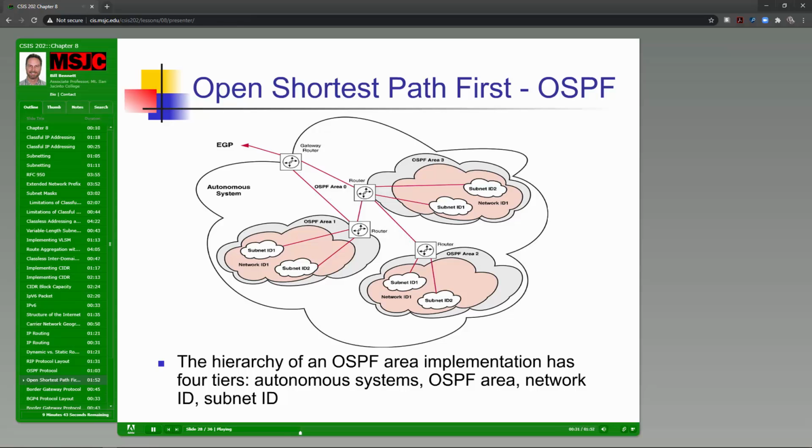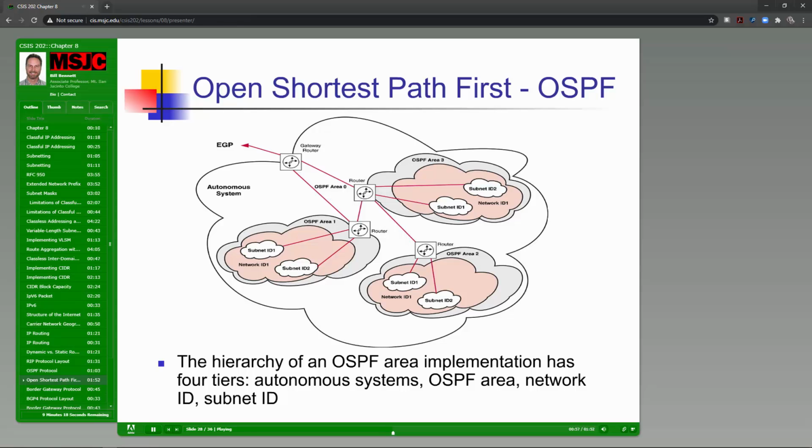But then internally, if you look closely, you'll see the gateway router has 2 internal interfaces connected to 2 internal routers, and so it's using OSPF on those 2 interfaces and referring to the link or segment between itself and those 2 internal routers as OSPF area 0.